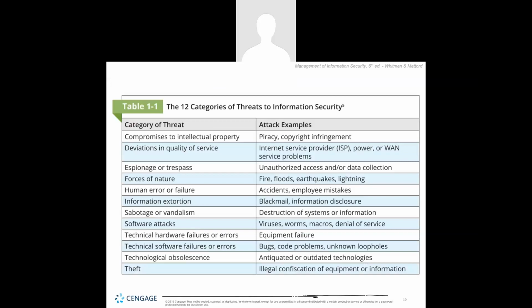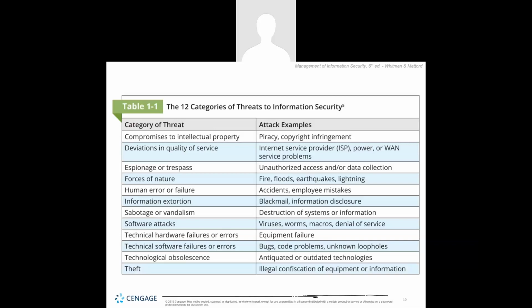Information extortion will be blackmail, where they threaten to have the information disclosed. Sabotage or vandalism will be the destruction of the systems or the information. You can also have software attacks, your viruses, your worms, and denial of service attacks. Then hardware failures and software failures or errors. Hardware failure is where your equipment fails.